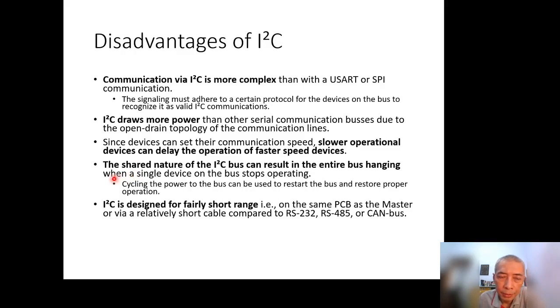The other disadvantage is the shared nature of the I2C bus can result in the entire bus hanging when a single device on the bus stops operating. That's a nightmare, the worst nightmare, okay? Because the device is not operating, all of the I2C communication fails.